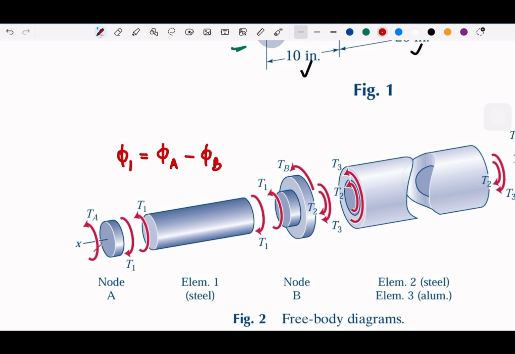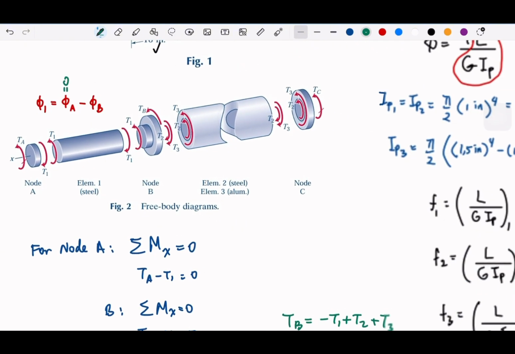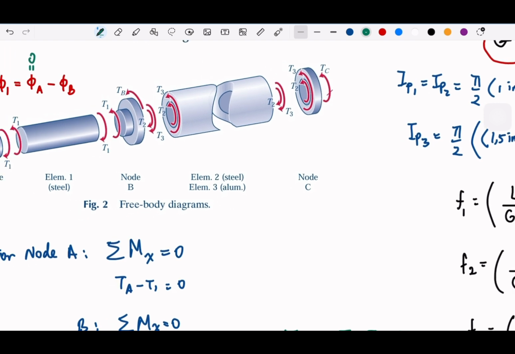And then since the twist angle A is attached to the wall, then this twist angle will be 0. So let me write here that the twist angle 1, let me write all the possible twist angles.